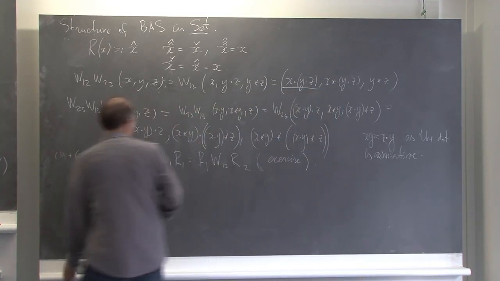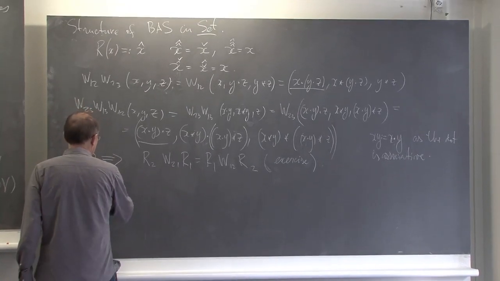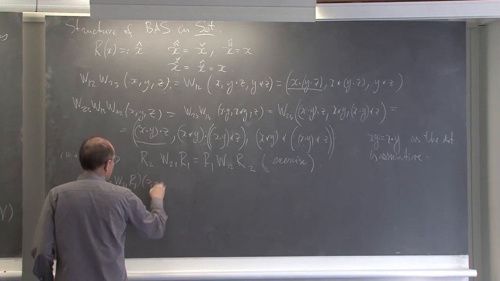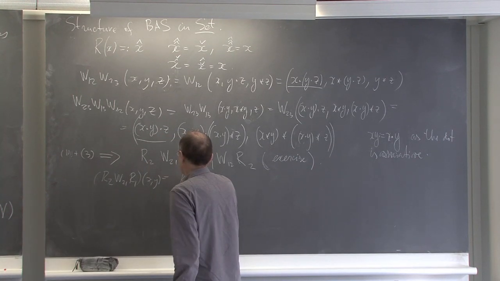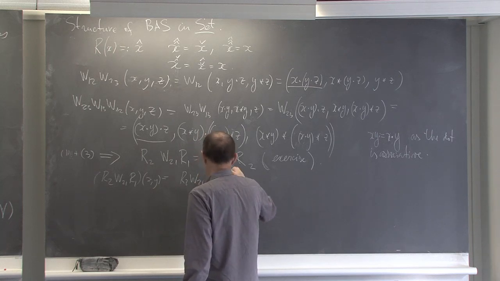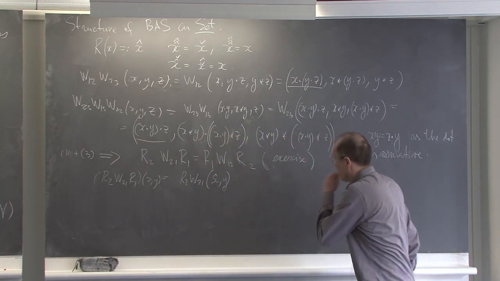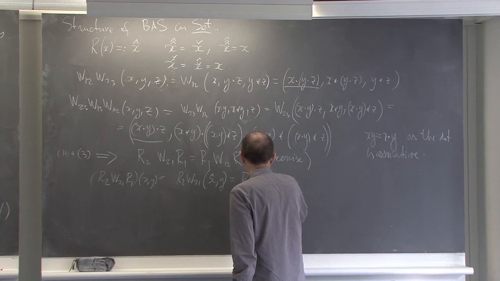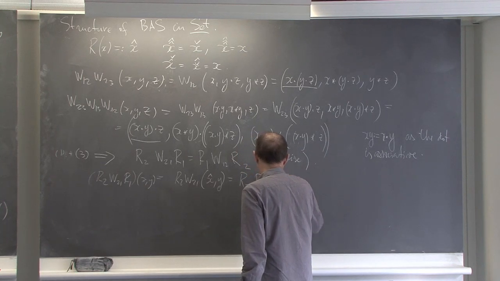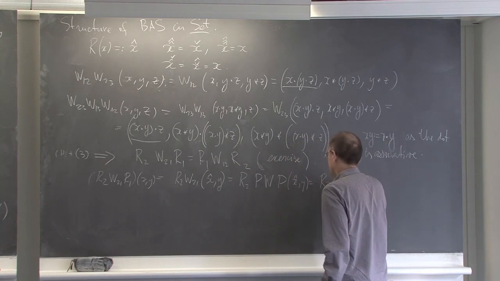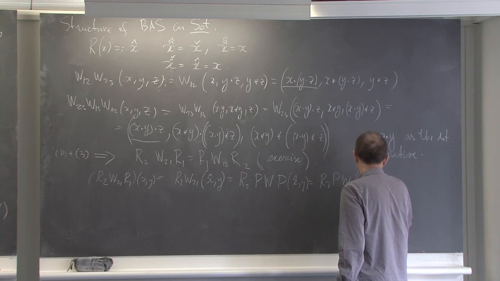Now, if we write this out explicitly, what do we have? R2 W2,1 R1 applied to xy. So x becomes x with a hat. Now, W2,1 is a permutation, conjugation by a permutation. So we apply the permutation, R2, permutation, W to y, x hat.